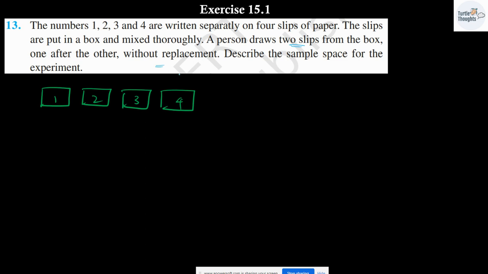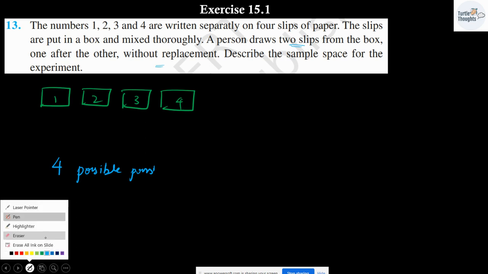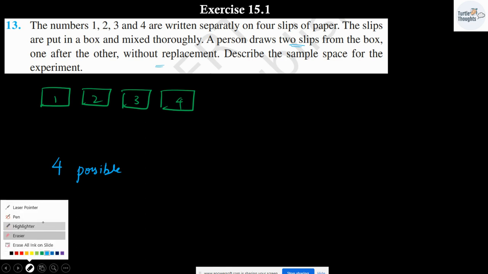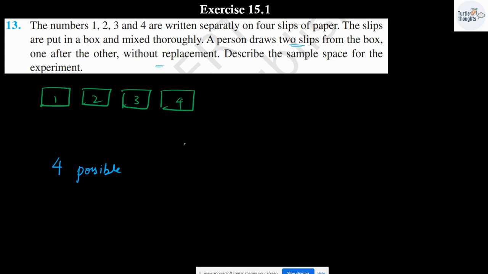Now, for the first slip, how many slips can you draw? Either you can draw the first one, second one, third one, or the fourth one. So you have four possible outcomes for the first slip.